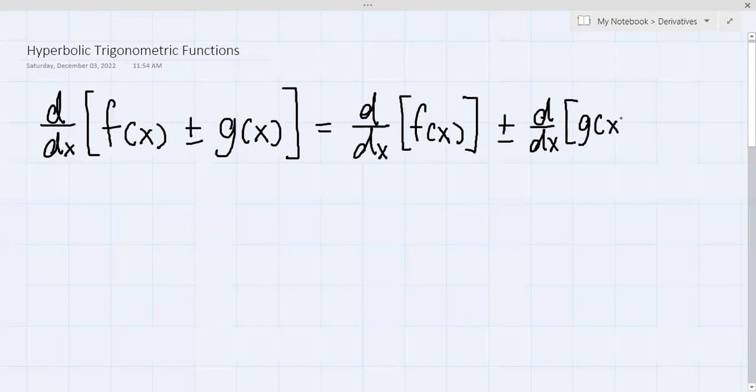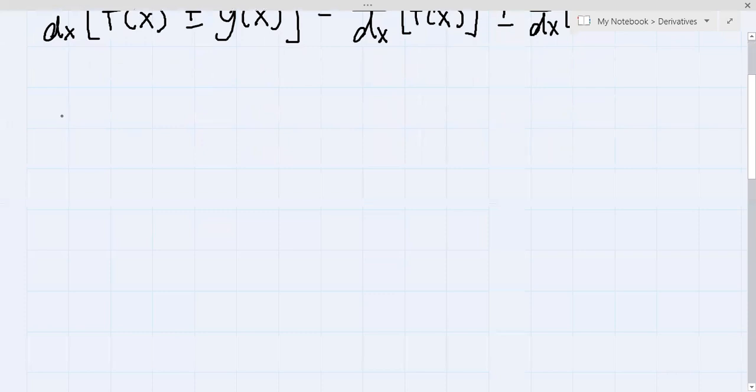So in other words, if you have a group of functions that are separated by the addition or subtraction operation, you're just going to differentiate each of these functions. Okay? So, i-apply natin yan with hyperbolic trigonometric functions.